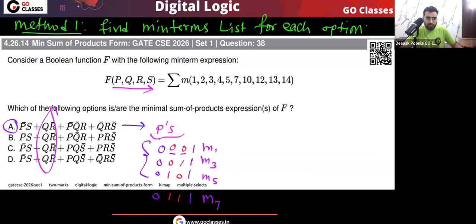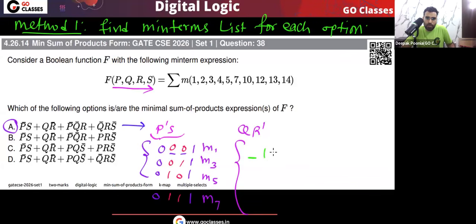Okay, let's find QR bar. This QR bar is a product term, but not a minterm, because variables P and S are both missing. So this product term will represent a group of minterms. And how to find the group of minterms represented by this product term? Very simple. Variable P is missing, and P is the most significant variable. Then Q is without complement, so I will write 1.